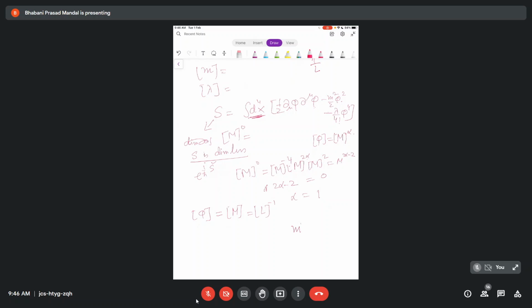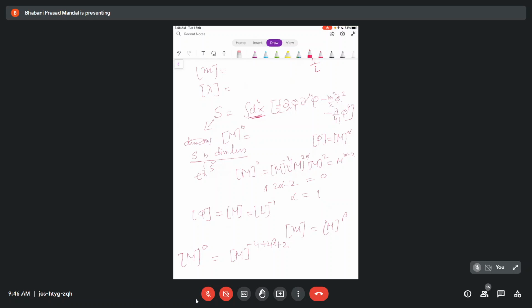Let us assume that small m has dimension beta. For the second term, again the left hand side is m^0. On the right hand side, the first term d^4x gives minus 4. The second term, m dimension I have assumed beta, so plus 2 beta. Then phi square dimension is 1, so plus 2.